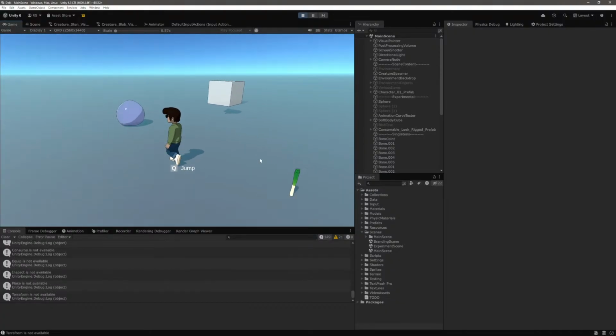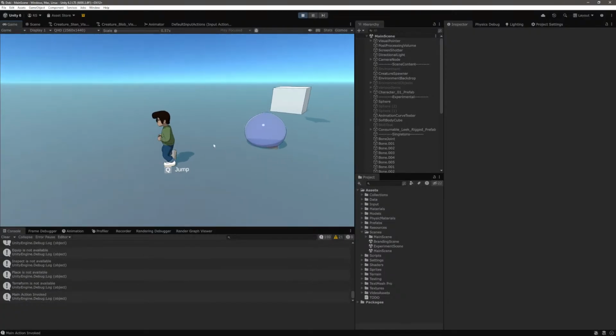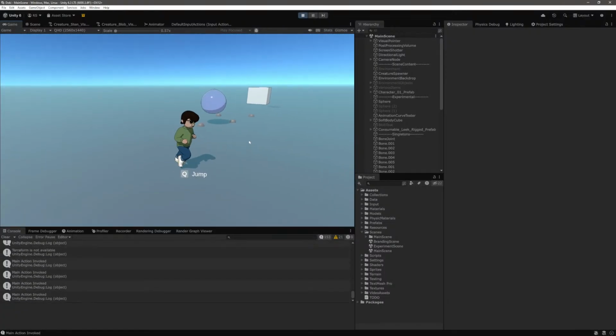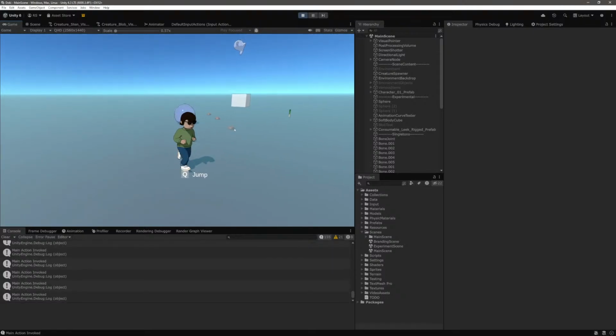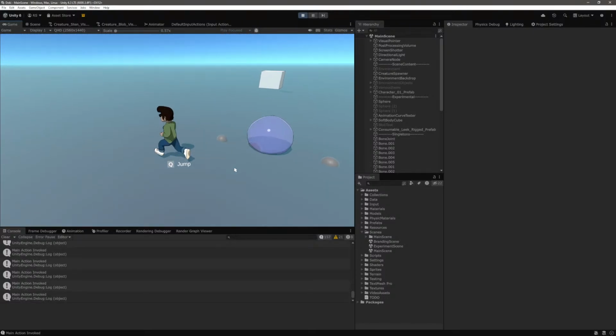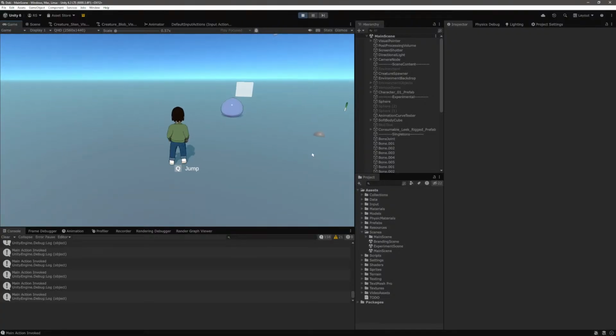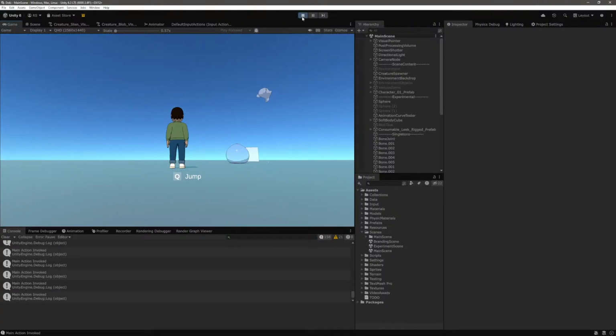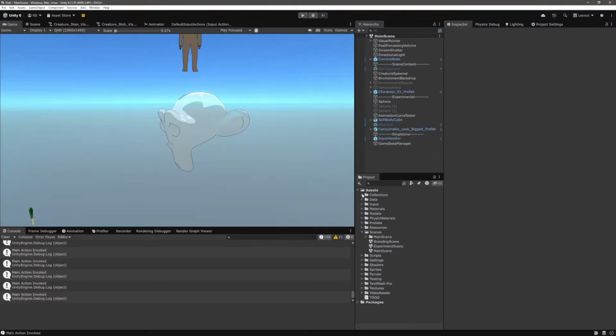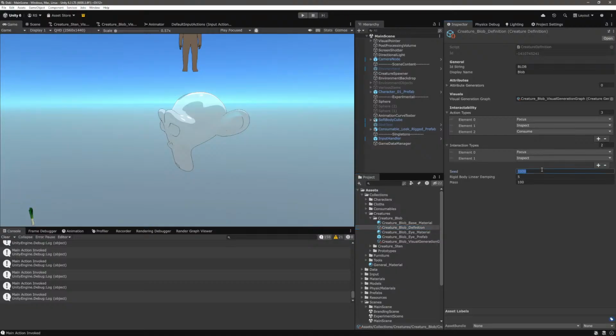Okay, let's see. There we have our blob. And we have this type of movement currently. We're gonna add back the eyes. I think we're gonna change the seed of this one as well. Okay, that's good. Yes, let's do this. I don't remember what. I think I liked seed 73 or 75. I don't remember.